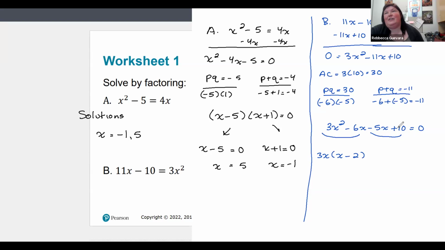Here we have a negative 5x plus 10. So if I factor out a negative 5, then I'm going to get a positive x minus 2, because 10 divided by negative 5 is negative 2. Don't forget that this is still equal to 0. So we get x minus 2 factored out, leaving behind a 3x minus 5.